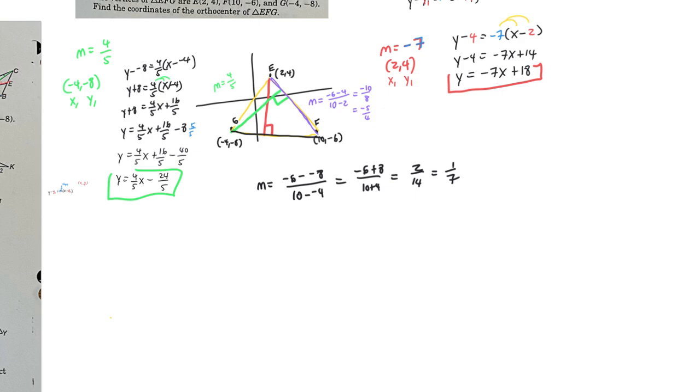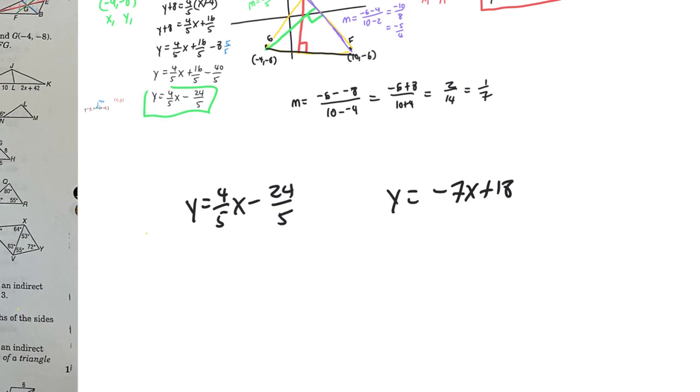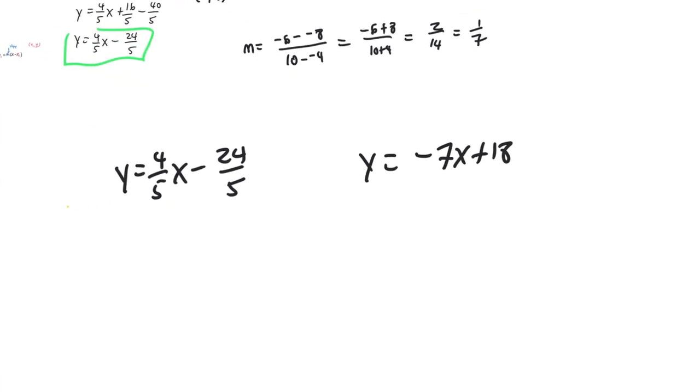So y equals 4/5 x minus 24 over 5 is one of them. And then we have y equals negative 7x plus 18 is the other. And at that point, we can recognize they both equal y, so they both must equal each other.